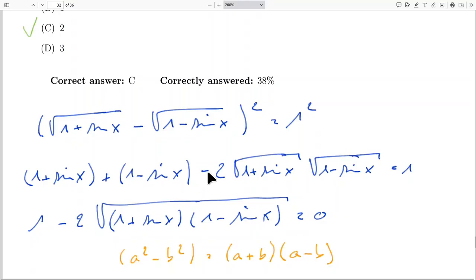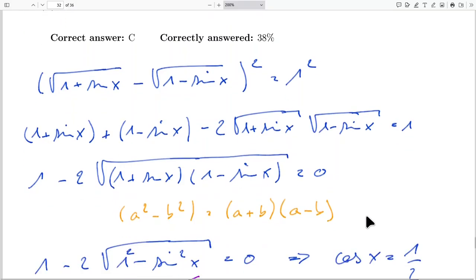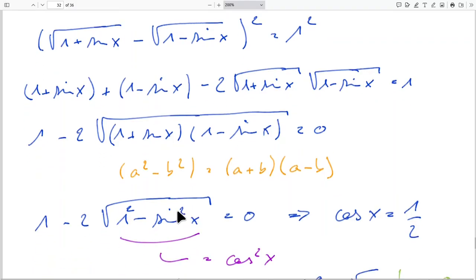And then we have minus 2 times the square roots, which you can combine, so you get under the square root (1 plus sine x) times (1 minus sine x) equals 0. So this is (a plus b) times (a minus b), which gives you a squared minus b squared.